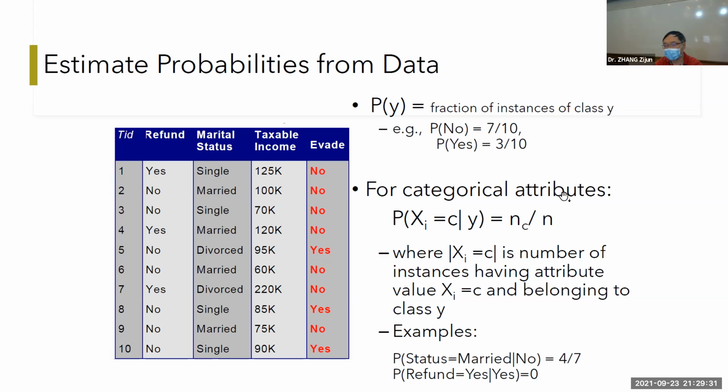For categorical attributes, P of xi equal to c conditioned on y is basically the number of instances with xi equal to c divided by the total number n.